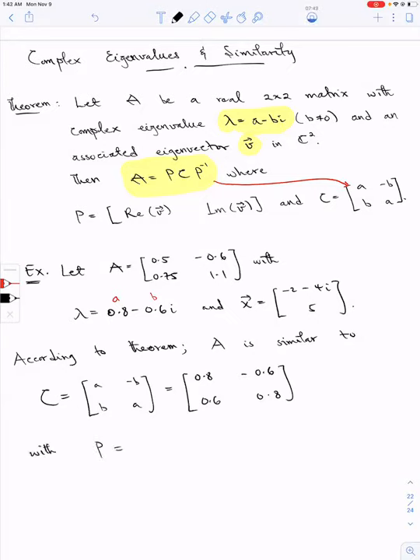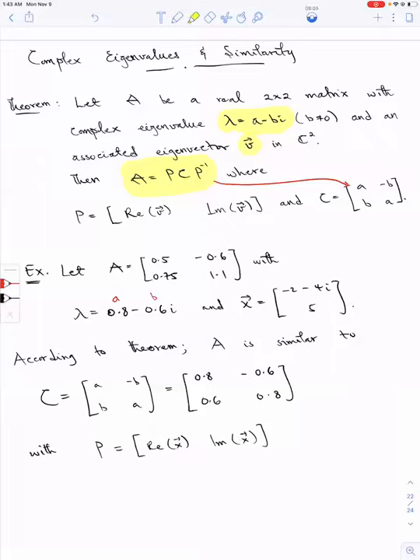with my P equal to the real part of v and then the imaginary part of v. I used x for my notation of the eigenvector, so I need to use x over here.